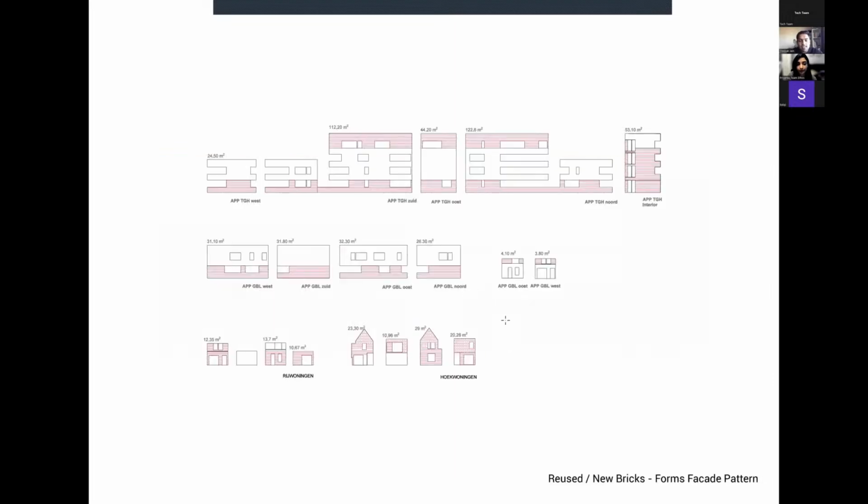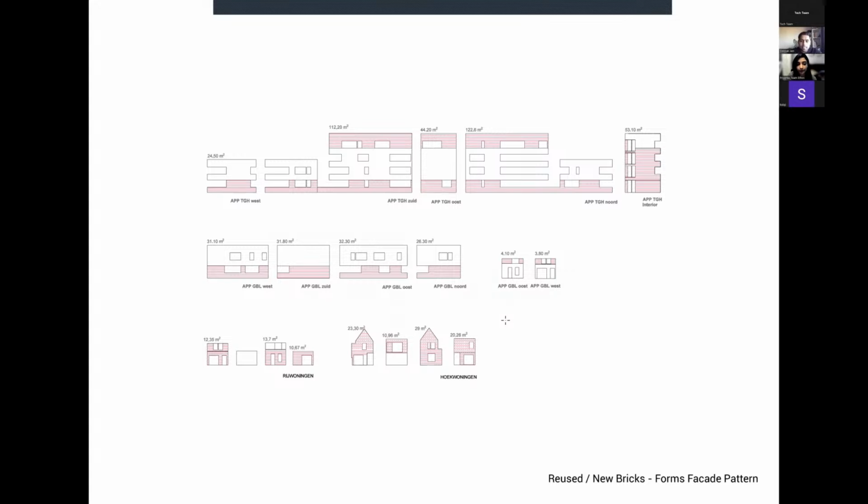After recuperation, the design strategy was to use this in the project itself, creating a form in the facade with the reused and the new bricks, because the recuperated bricks were not fully enough for the new construction.